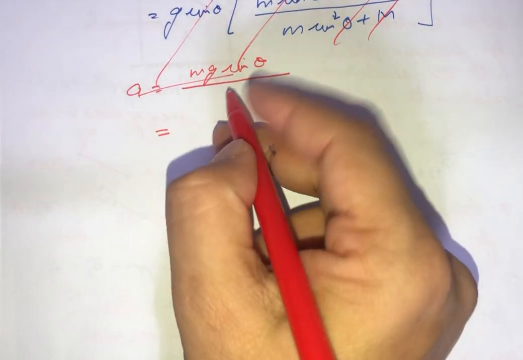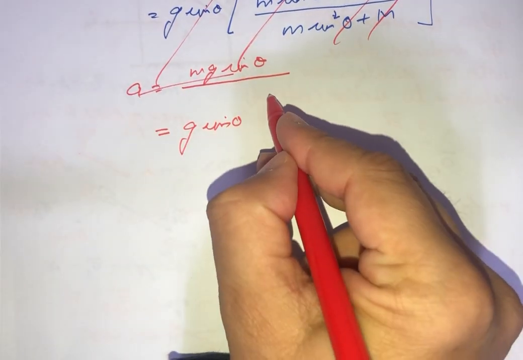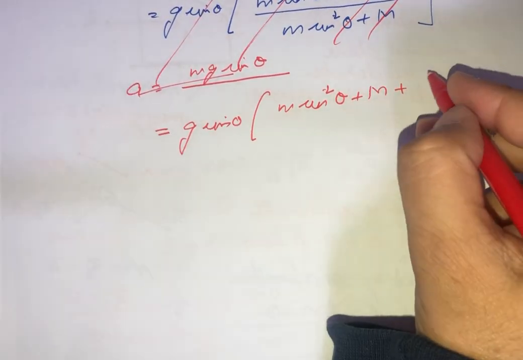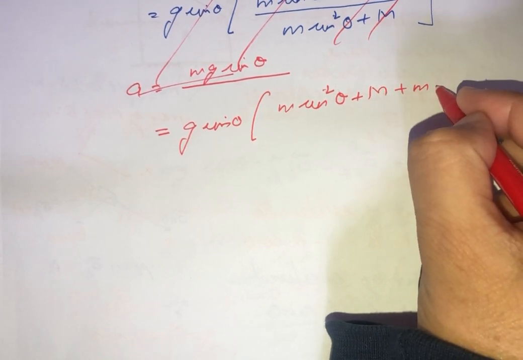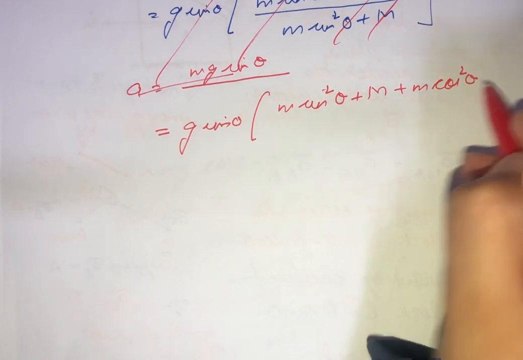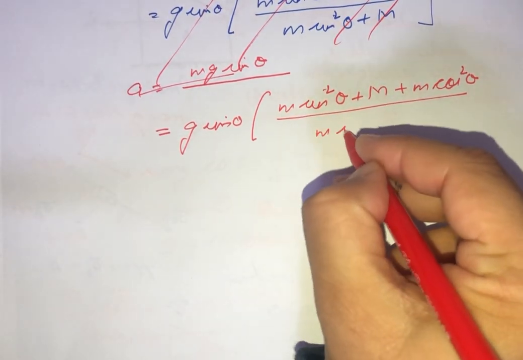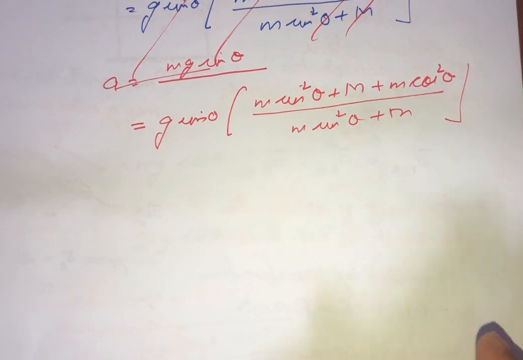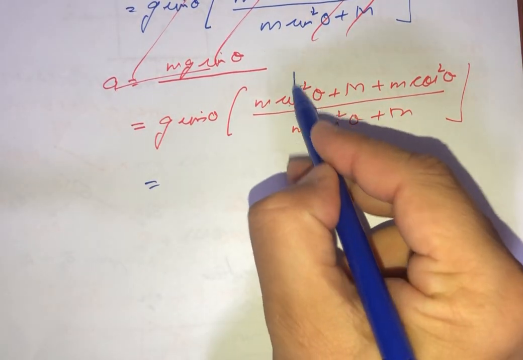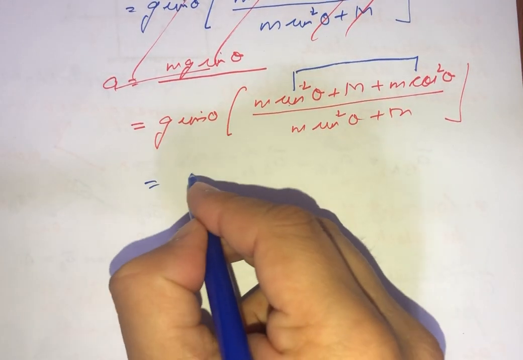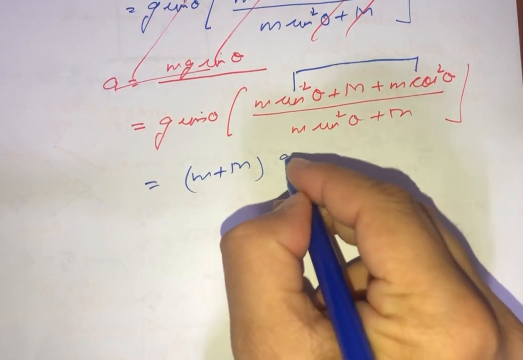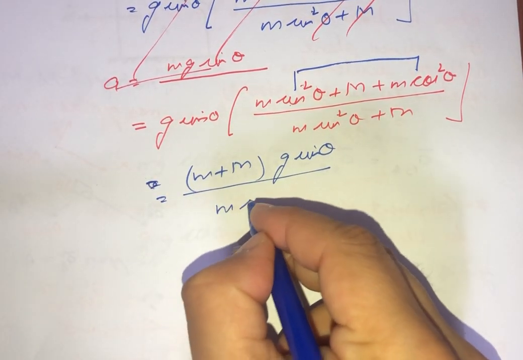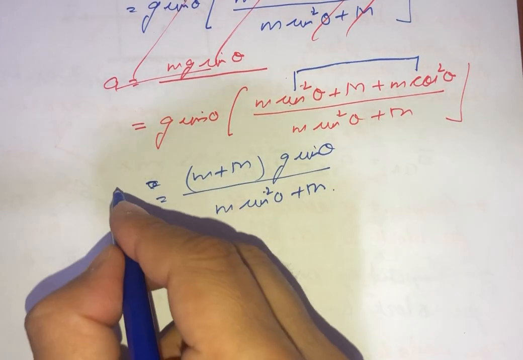We can write this is equal to, taking g sine of theta as common, we get m sine square theta plus capital M plus m cos square of theta, and divided by m sine square theta plus capital M. So we can write this as, combining these two terms, this will be m, so we get (m plus capital M) g sine theta divided by m sine square theta plus capital M, and this will be expression a.